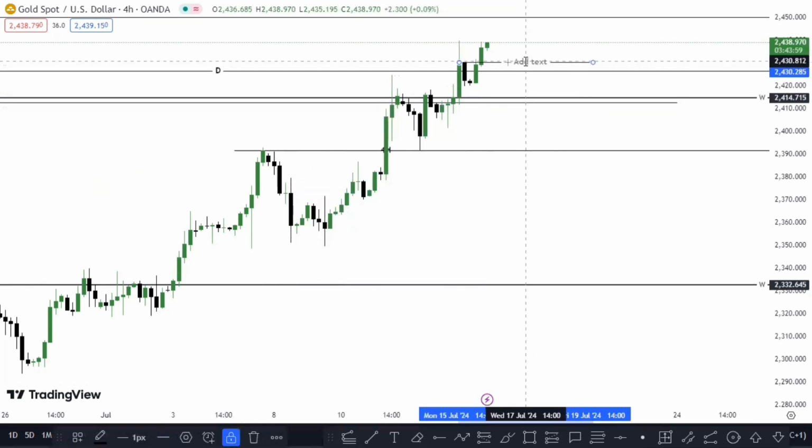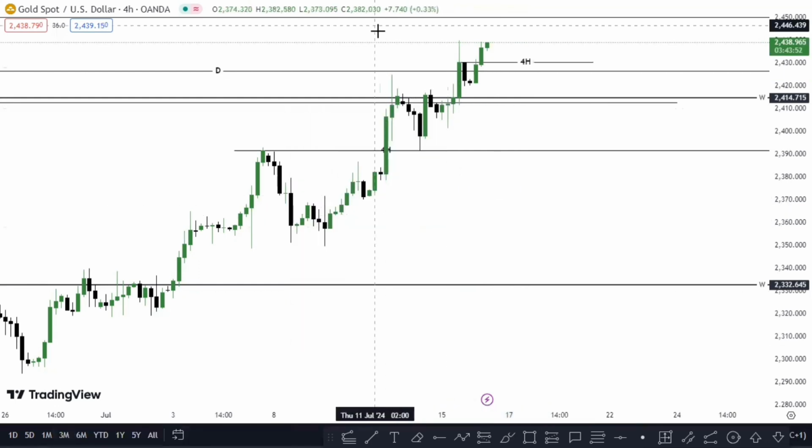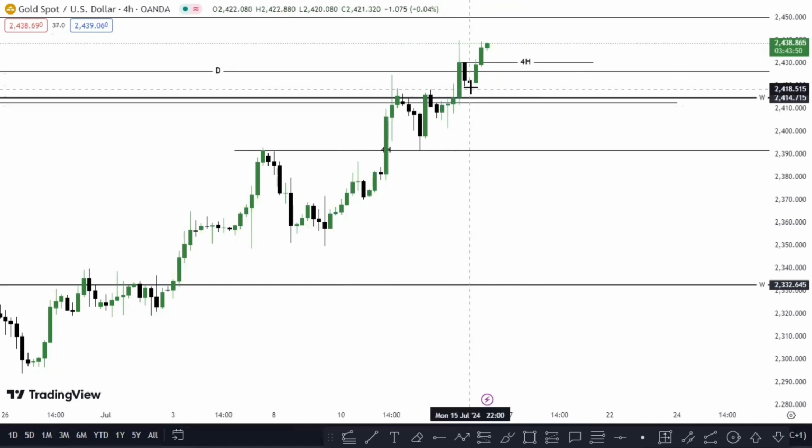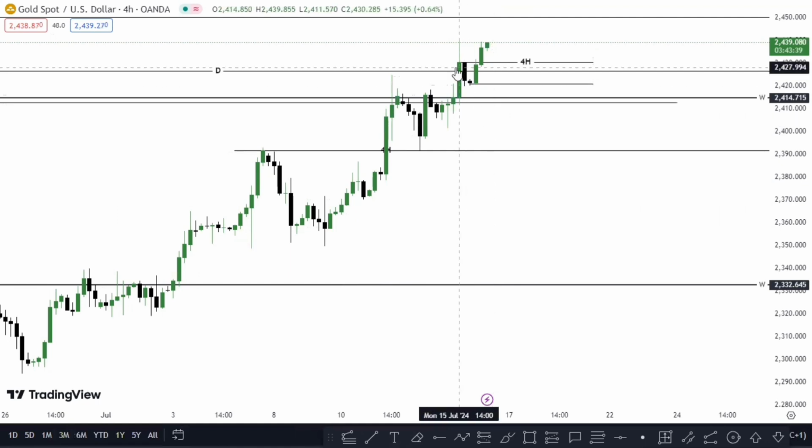Then I'll label it 4 hours to indicate it's from the 4 hours time frame, and lock that as well. Then for the low, this is the low. I have my high and low. This is the low already on the 4 hours. So what's the value?